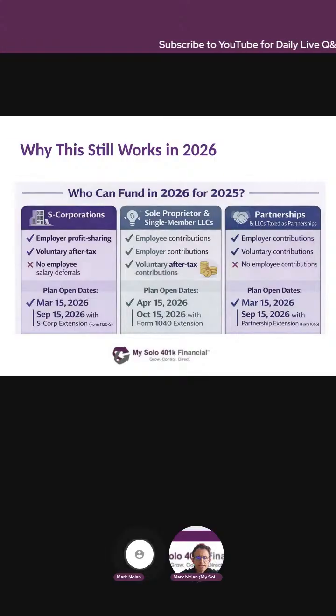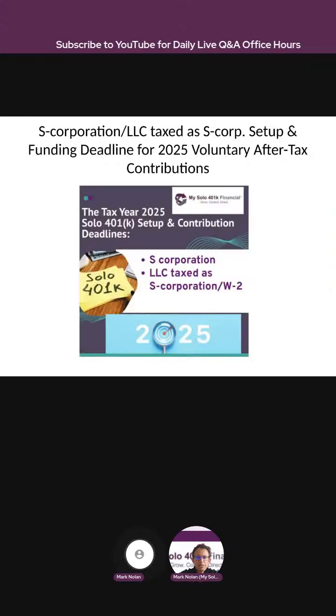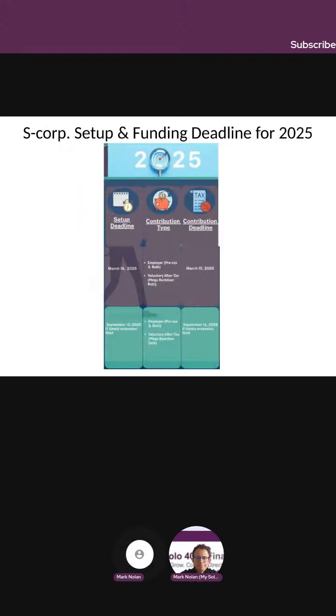And we have a lot of slides pertaining to each entity type, but since your business is an S corporation, here are some good slides. So with an S corporation, those that have not yet opened a solo 401k plan actually have time to open a solo 401k plan here in 2026 so that they can make tax year 2025 voluntary after-tax solo 401k contributions.